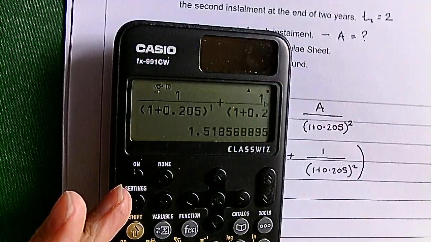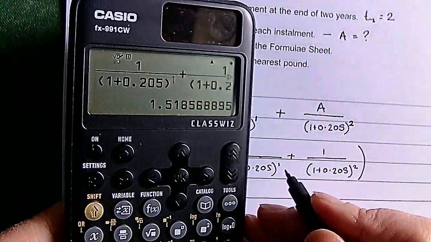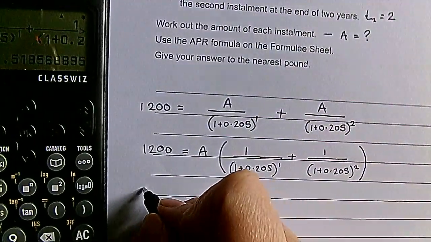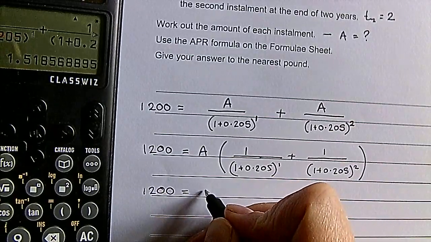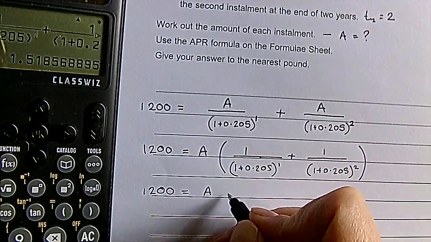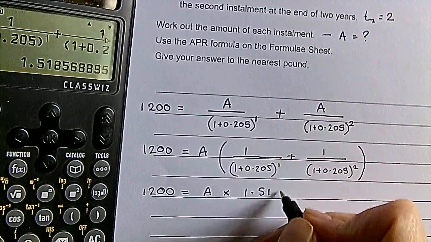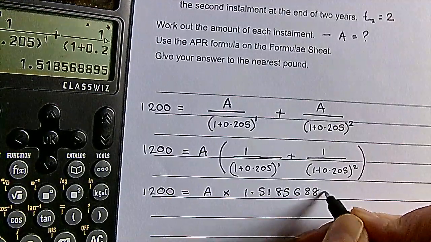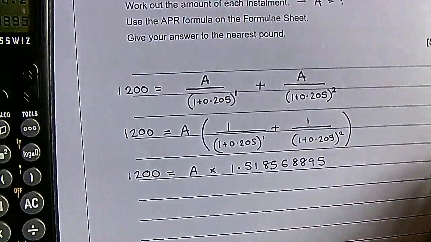Okay, and that gives me this decimal. So that whole bracket is approximately 1.5. I'm going to keep a lot of accuracy here, probably use the answer button.